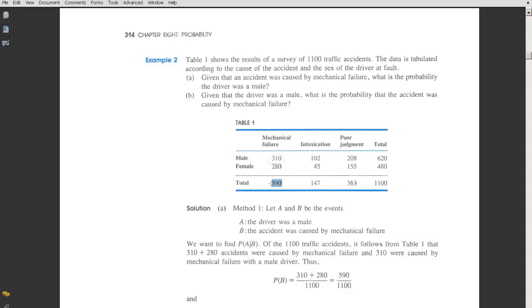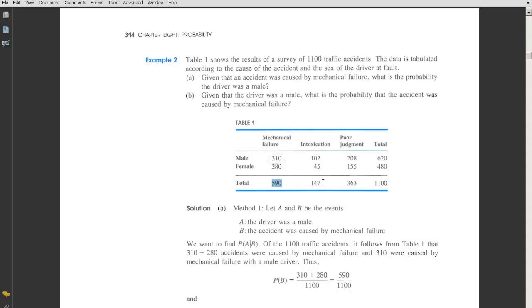So what's the probability that the cause was mechanical failure? So the total number of cases is 1,100, and we had mechanical failure 590 of those. So the probability that you get a case that's caused by mechanical failure is 590 divided by 1,100.